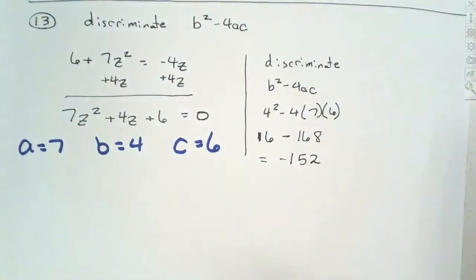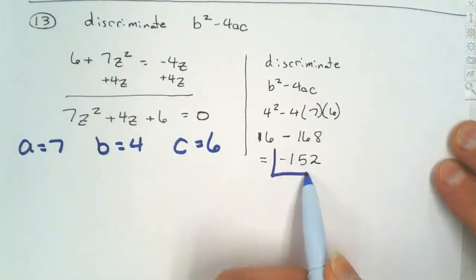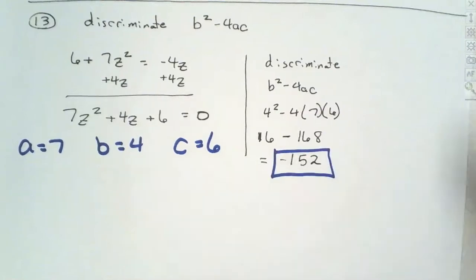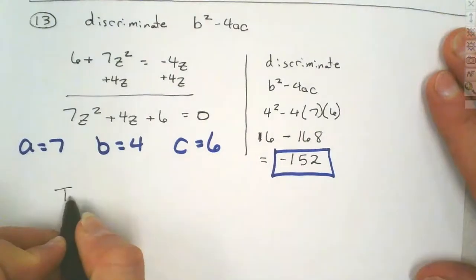Now, what do we know? 152 is a negative number in this case. So we go back to our table on page 138. If it's negative, that means an i is going to come out with it. So looking at our table, it is negative, so we have 2, and they're going to be non-real complex solutions.